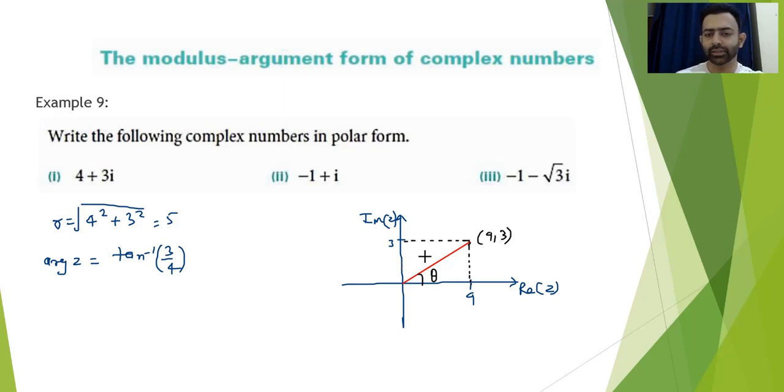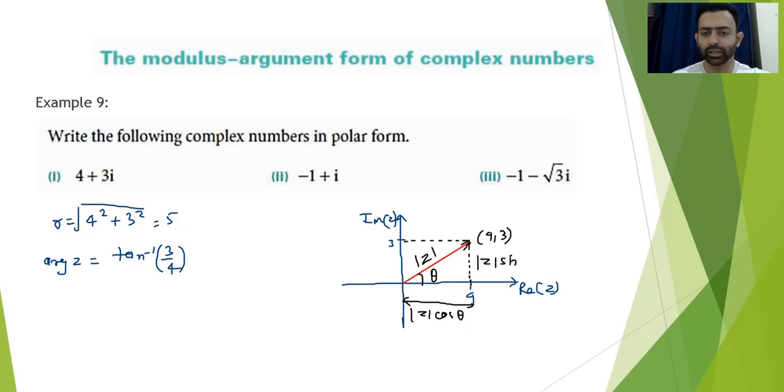Since this is the modulus of z, I will write this red vector as the magnitude of this complex number. So in terms of this magnitude, how can I represent this 4 and this 3? Simply applying the trigonometric rules, this horizontal distance is mod z cos theta, and this vertical distance will be mod z sin theta.